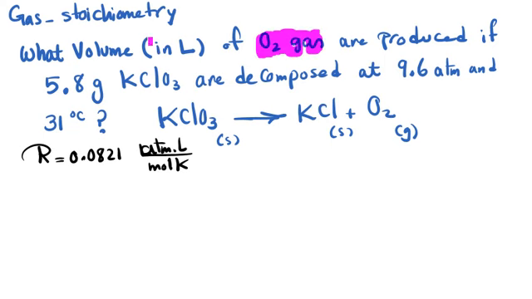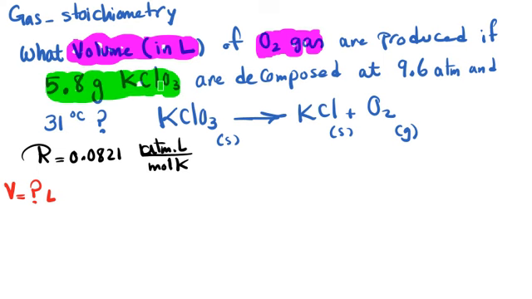What volume in liter of oxygen gas is produced if we have 5.8 grams of KClO3, so the mass of KClO3, 5.8 grams, is decomposed at 9.6 atmosphere and 31 degrees Celsius. So we are going to talk about these conditions.